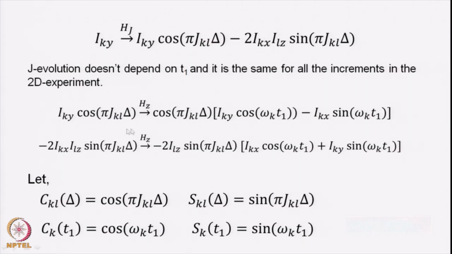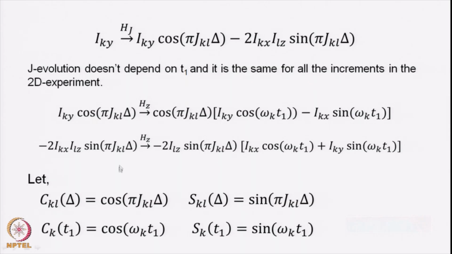The second term is minus 2 Ikx ILZ sin pi jkl delta. I keep the 2 Lz sin pi jkl delta outside, and inside, Ikx evolves under chemical shift as Ikx cosine omega k T1 plus Iky sin omega k T1.